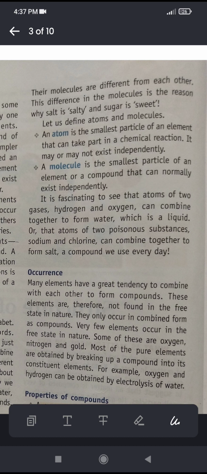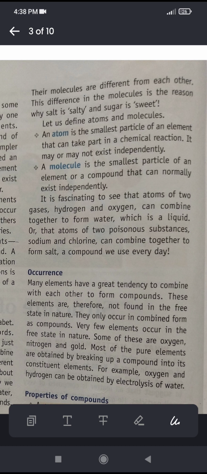For example, water is made up of hydrogen and oxygen: hydrogen has two atoms and oxygen has one atom. Hydrogen is different and oxygen is different. Salt is made up of sodium and chlorine. Sodium is different and chlorine is different.